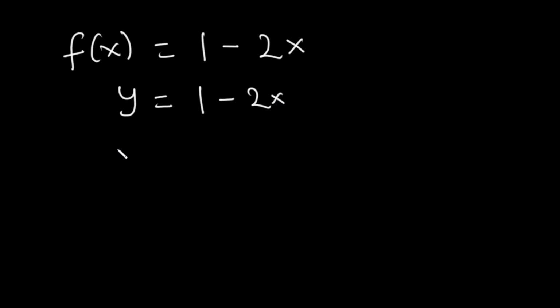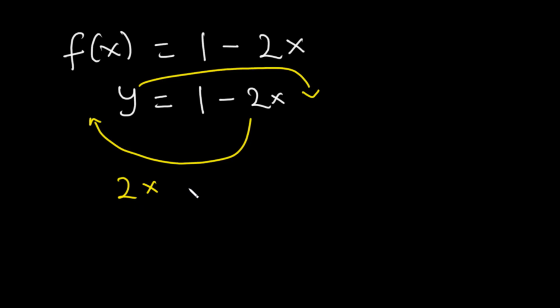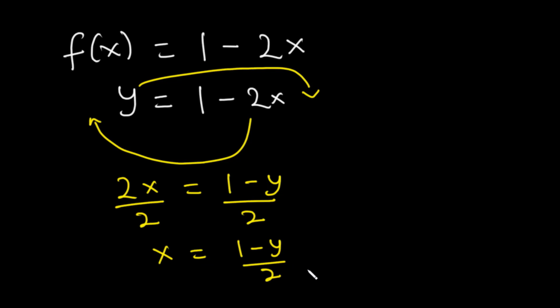Next is to make x the subject. So we need to transpose negative 2 to the left hand side and then y to the right hand side. So it's going to be 2x is equal to 1 minus y. And then we divide both sides of the equation by 2. And then we have x to be equal to (1 minus y) over 2.